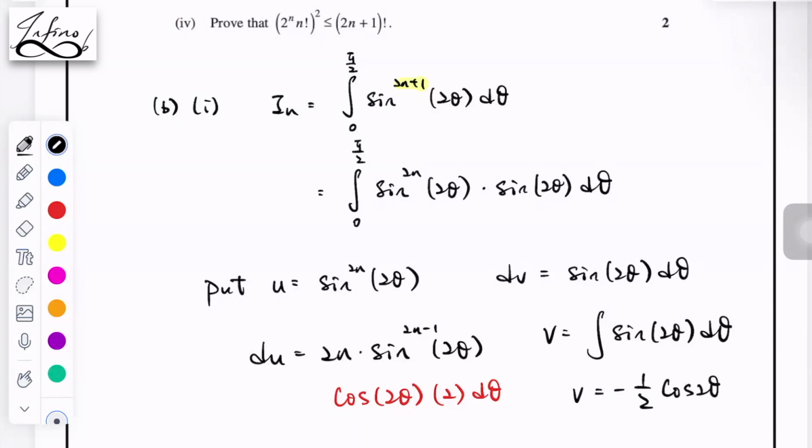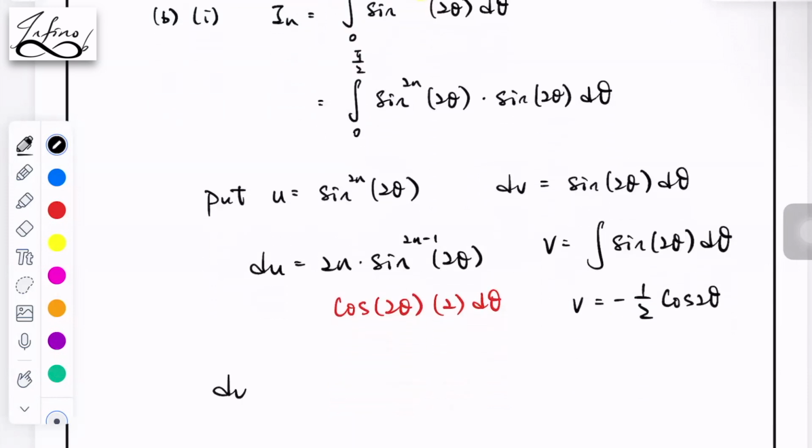And then if I simplify the du a bit, 2n times 2 will be 4n, and then sine^(2n minus 1) 2 theta, cosine 2 theta, d theta. You can see the du is already a little more complicated than usual, but it's okay. We can still just follow the flow.